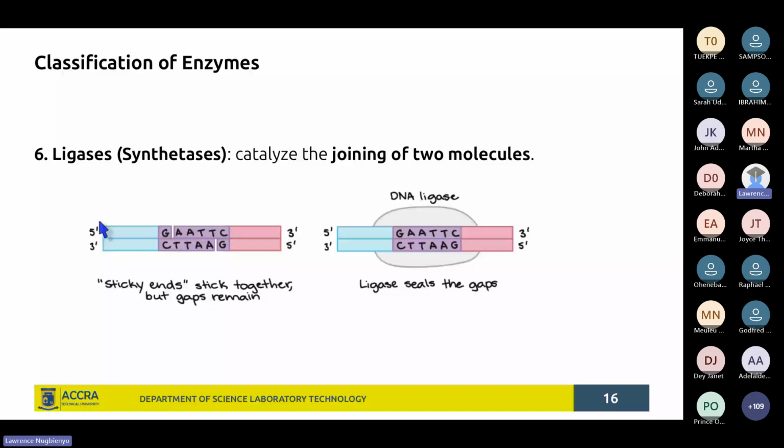If you take a look at the translocases, they are not actually involved in catalyzing biochemical reactions, but these are transmembrane proteins which facilitate the movement of substances across cell membranes.